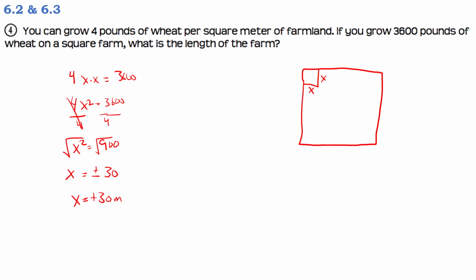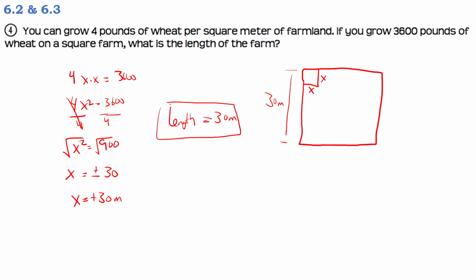That is going to be our length, which equals 30 meters, because we'd have to have 30 meters long here to be able to make our 3,600 pounds of wheat. Put a little box around that.